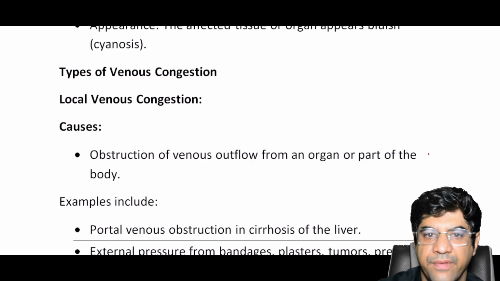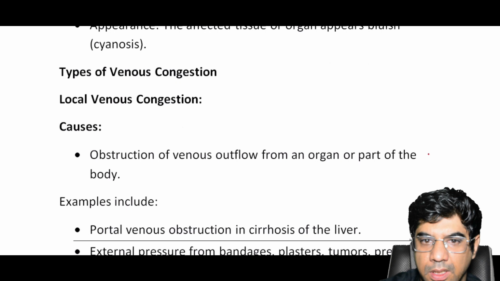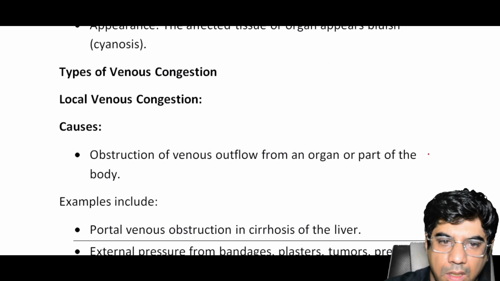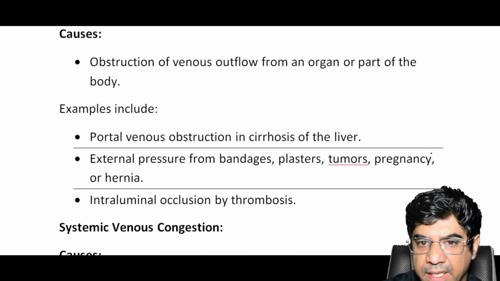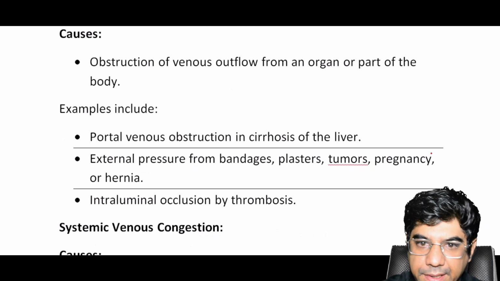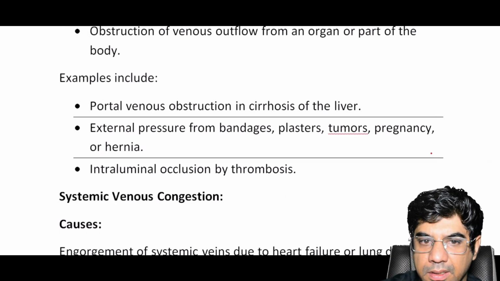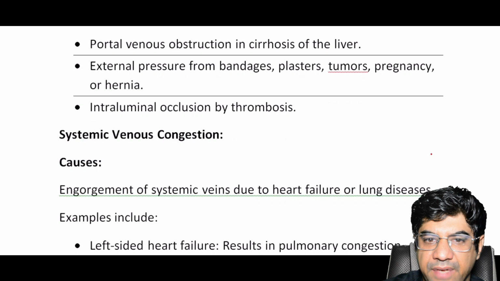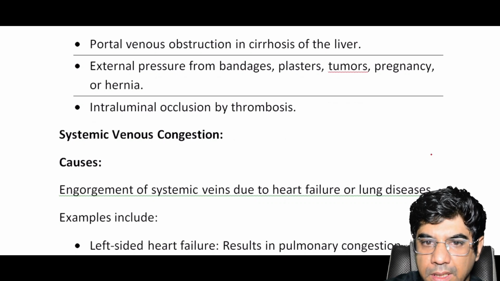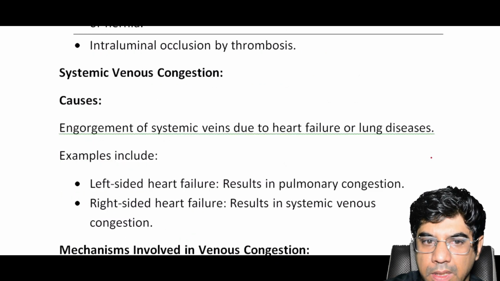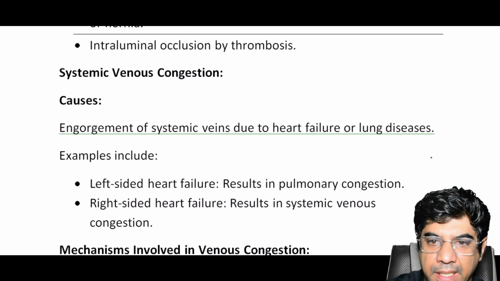Now, the cause of venous congestion could be portal venous obstruction like cirrhosis of liver, or external pressure from bandages, etc. Systemic venous congestion, for example, could be due to left-sided heart failure.